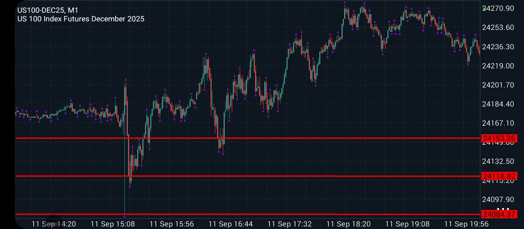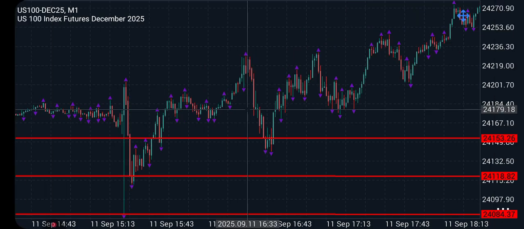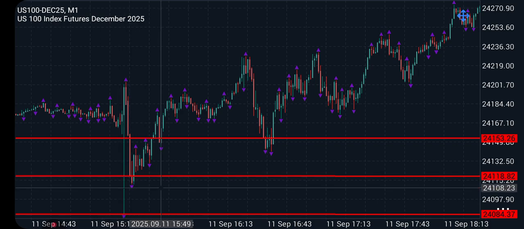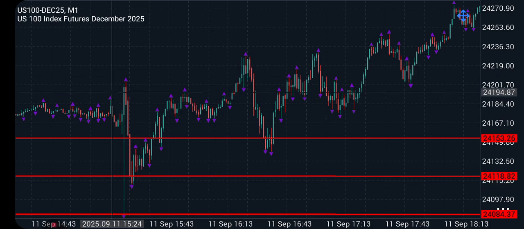Now take a look at this chart. Notice how after price opened at 9:30, price came into the equilibrium right here. Look at how price quickly rejected all the way back up, cleared this high.